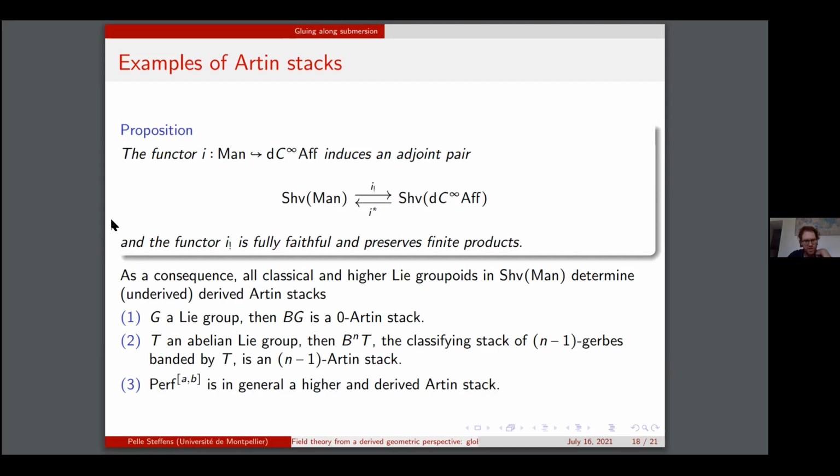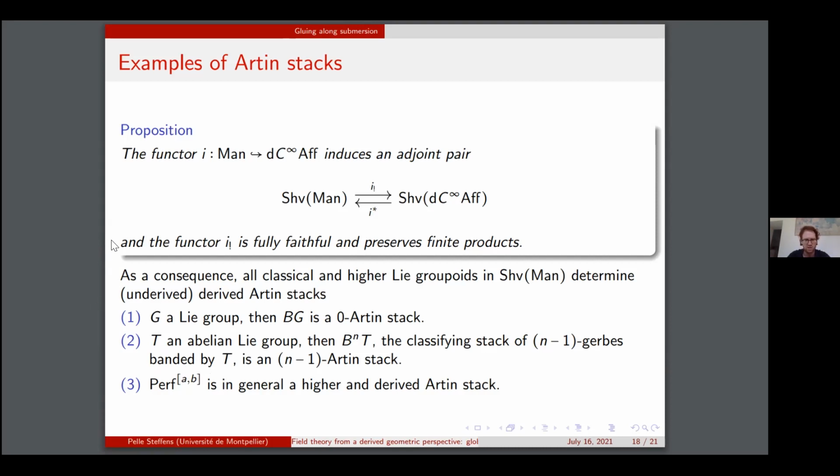I'm not aware of that many other examples of really higher Artin stacks, apart from iterating these constructions, or say taking a tangent stack to a stack which is already Artin and then shifting it further.